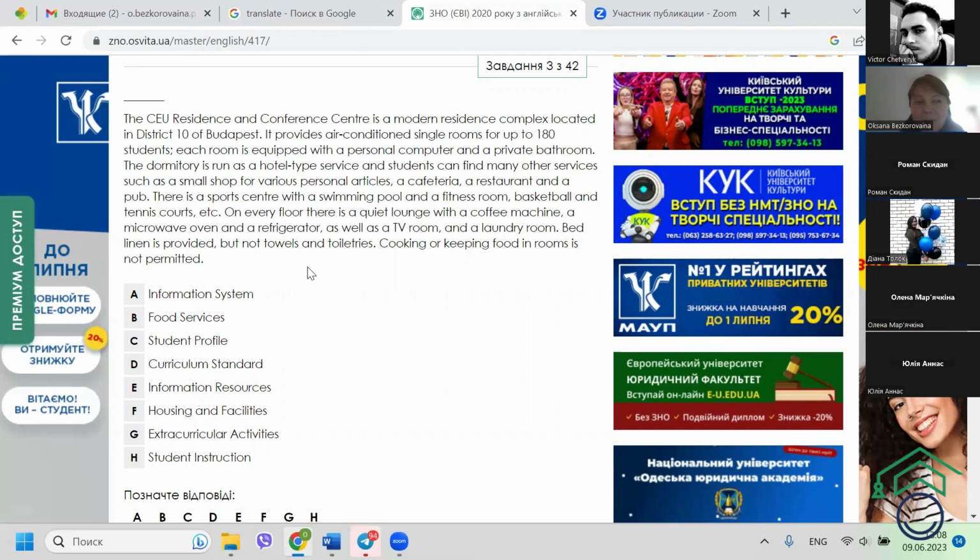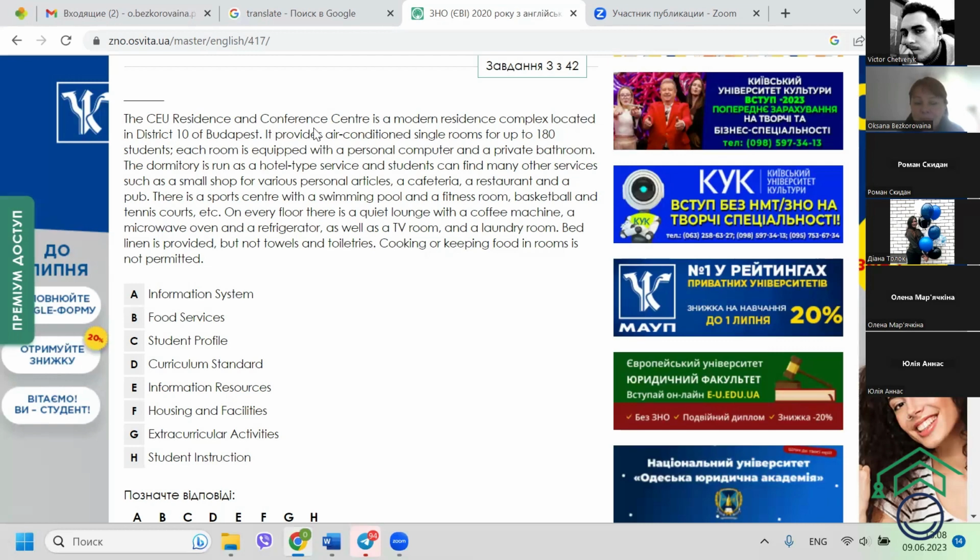The CEU Residence and Confidence Center is a modern residence complex located in District 10 of Budapest.